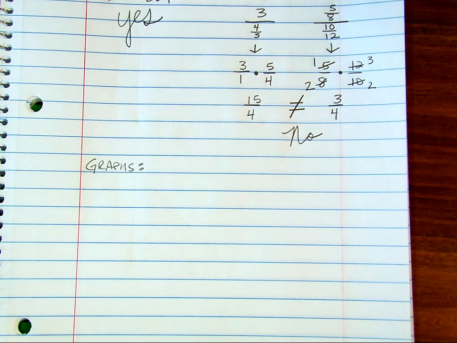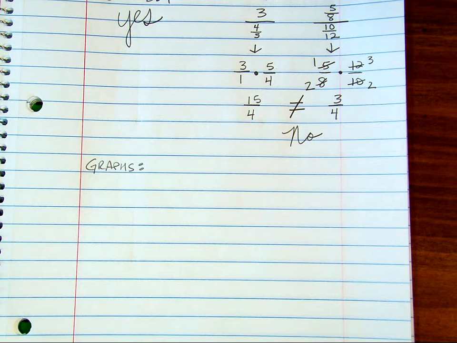Looking at a graph, how can we tell if the rates, if the ratios are proportional? How can we tell if we have a proportional relationship? There's two key components.